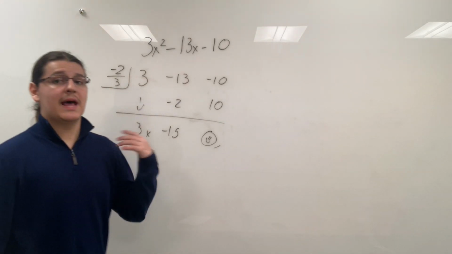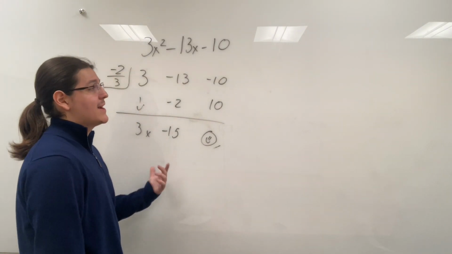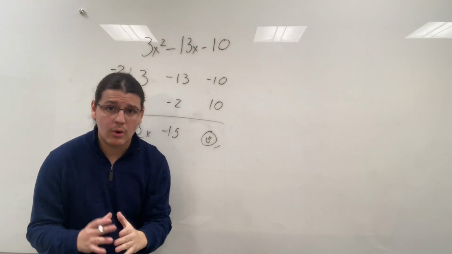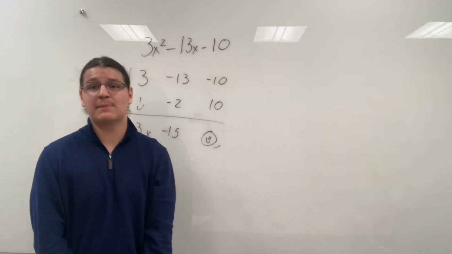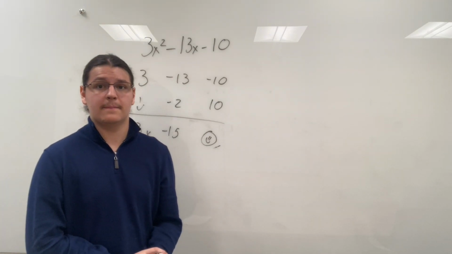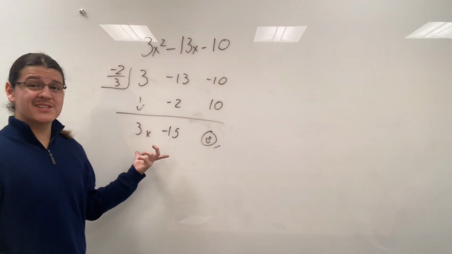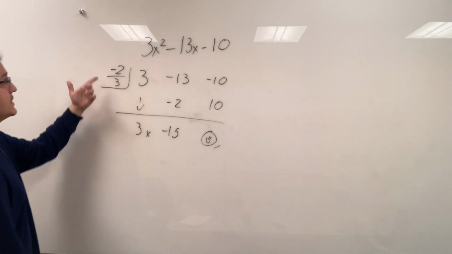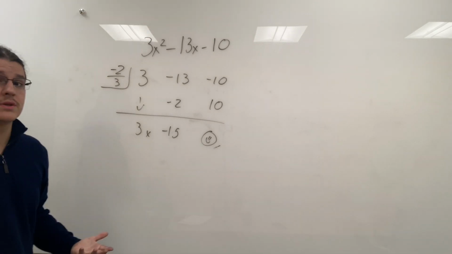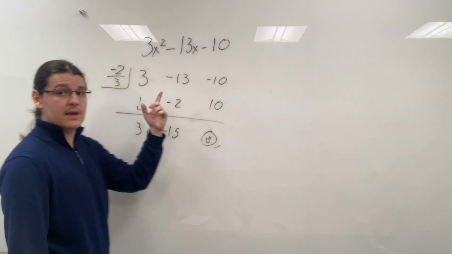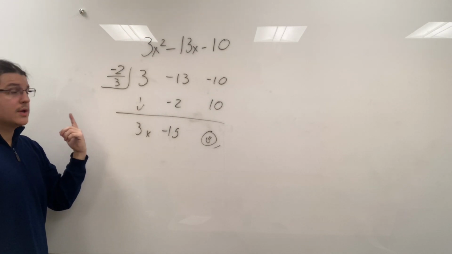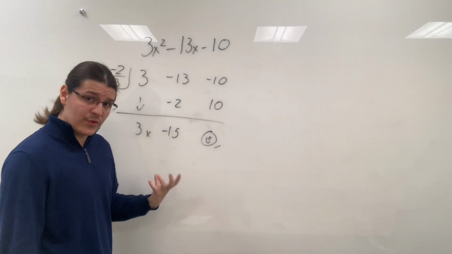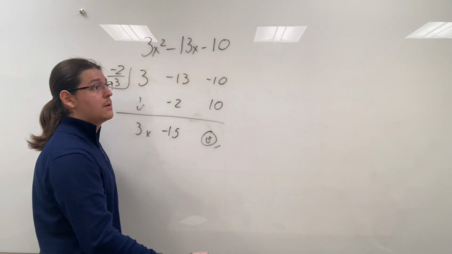Now, last time we divided by 2, then we see that we know this has 2 factors. We know the other factor is x minus 5. We solved for that already. But this is not x plus 5, is it? Well, we have to divide once again because this is a rational root. Last time we divided by 2 because it was 2 in the denominator. Because our divisor really is 3x plus 2.